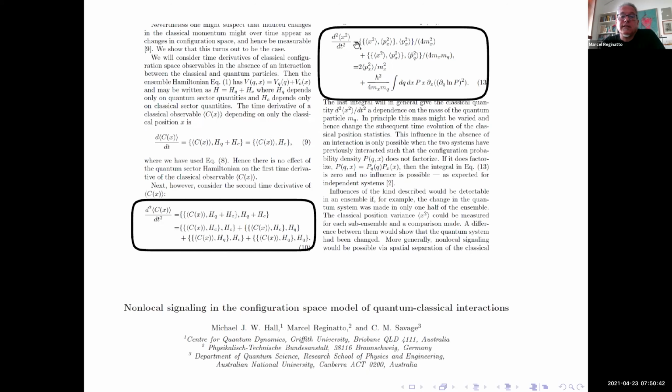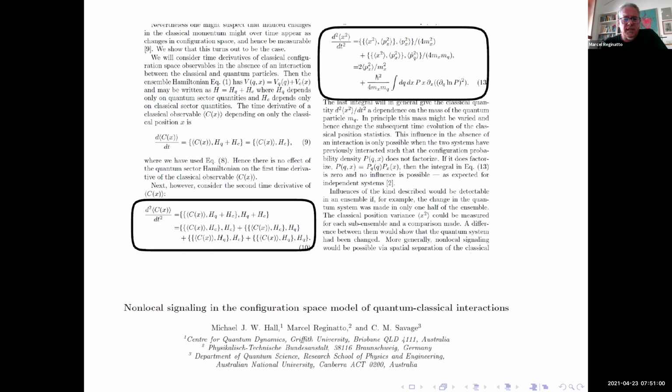And here I show an example that's been worked out in the case where you have kinetic energy terms and things like that. And it shows you here that indeed you have this case. And we looked at it also numerically and confirmed that this happens.